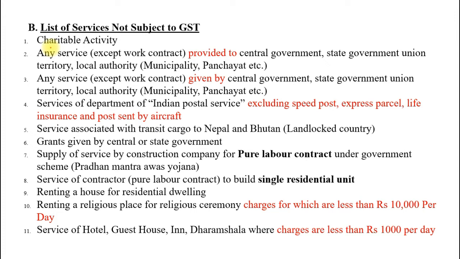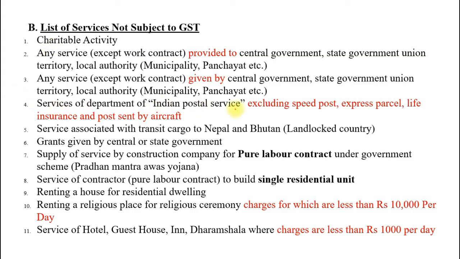Any service except work contract which is provided to central government, state government, union territory, local authority. So any service which you are providing to the government is exempted. Any service given by central government, state government, any government activity is exempted.